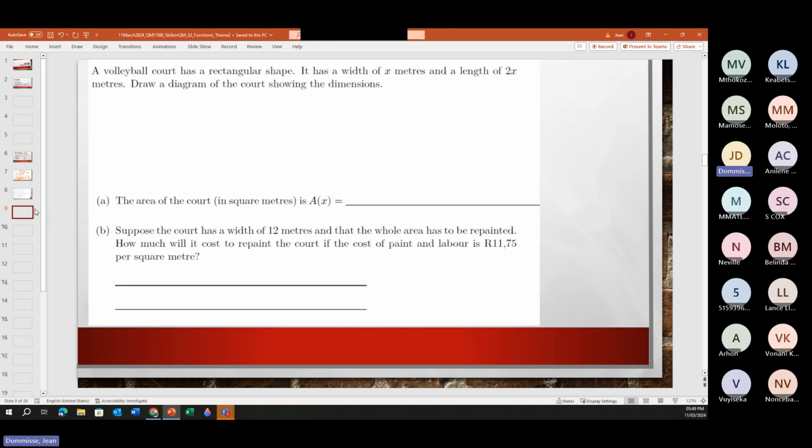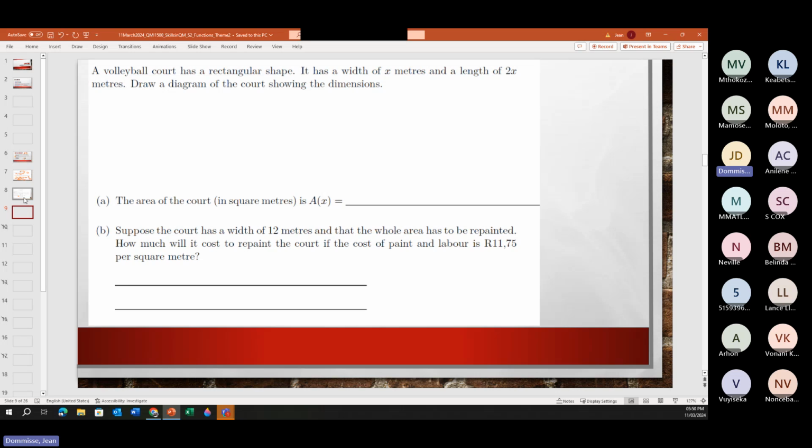Another one that they can ask. Again, it is around the functions. They will give you information that you will need to write a function with, and then in the next question give you a bit more information so that you can work out the function.